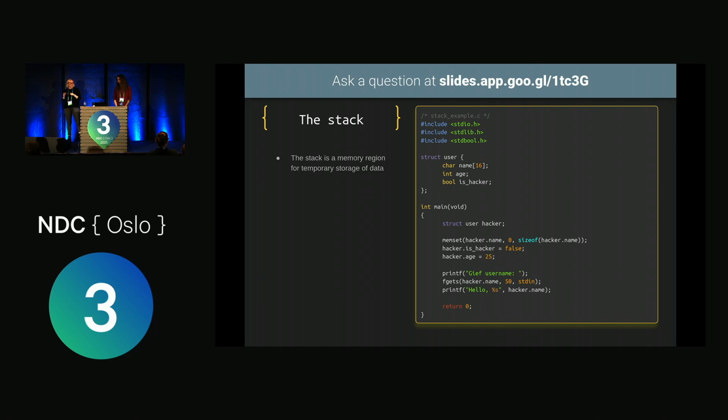Then when we read the username, we allow reading 50 bytes from standard in. Some of you might notice a vulnerability here, but hold your horses. You are going to get the opportunity to tell us what the vulnerability is, but not just yet.